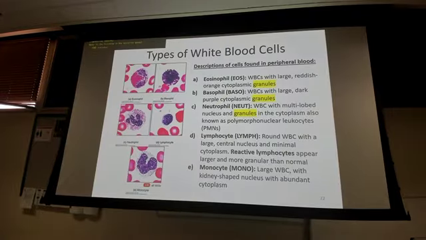All right, so these are types of white blood cells. Again, I will not present any cells to you, but just know the names. And I'm gonna keep saying it. What are eosinophils associated with? Infection, allergies, yes, okay? Basophils are large and dark, they have very deep cytoplasmic granules. Neutrophils are multi-lobed, that's that third one here.